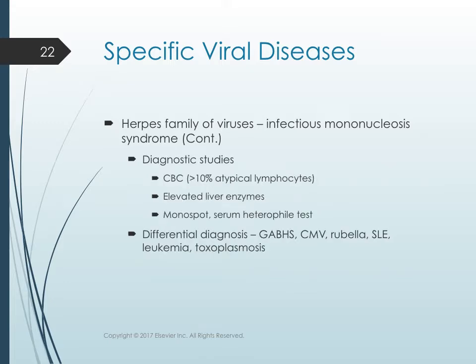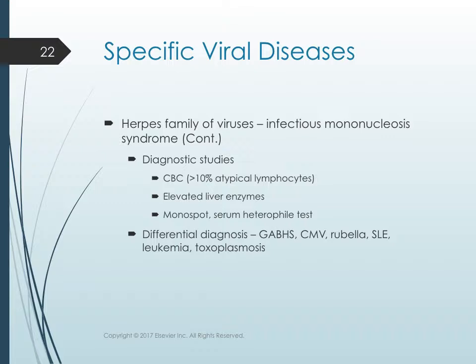You would obtain a monospot, and just be aware that the monospot is usually falsely negative unless the symptoms have been present for at least 5 to 7 days. So if your patient has signs of mono, you want to know how long they've been feeling ill. You don't want to do the monospot too early because it'll be falsely negative. You want to wait until about a week of illness.